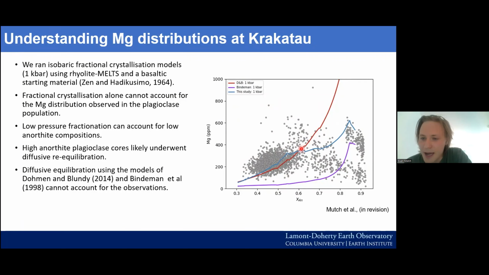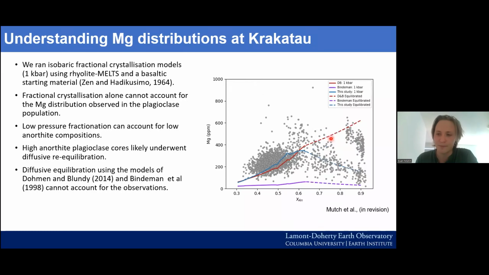And then at higher anorthite contents, the models just don't really fit the data super well. Maybe in this instance, our model fits this high anorthite population quite well, but this high anorthite, low magnesium population is one that the models fail to fit. So this suggests that maybe fractional crystallization alone cannot create the kind of magnesium distributions observed in this plagioclase population.